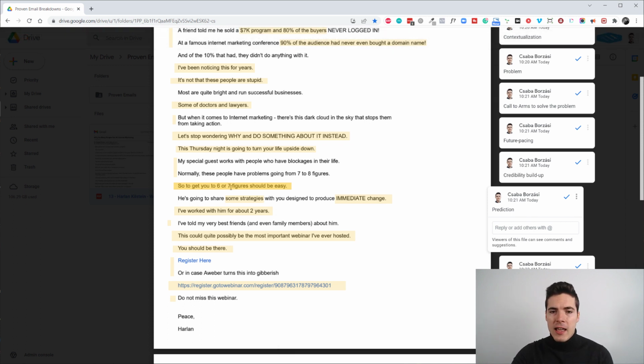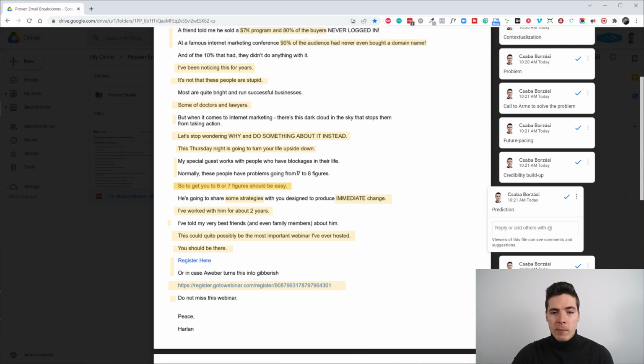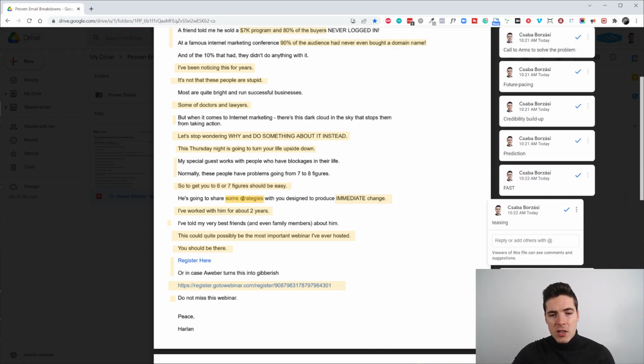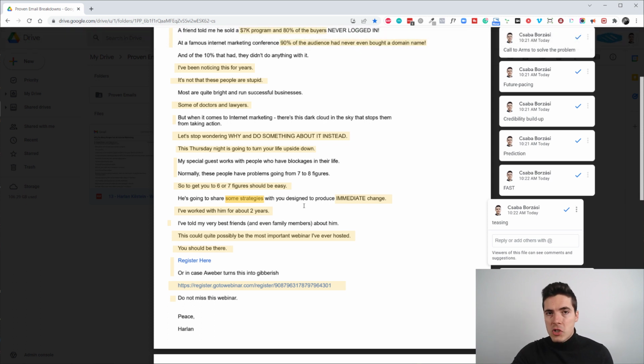Then we have a prediction, and it makes sense, right? If this guy normally works with people to get to 7 or 8 figures, it should be easy to help you get to 6 figures, right? Because the bar is set so low, actually, in your case. He's going to share some strategies, that's teasing. It's not like 3 strategies.